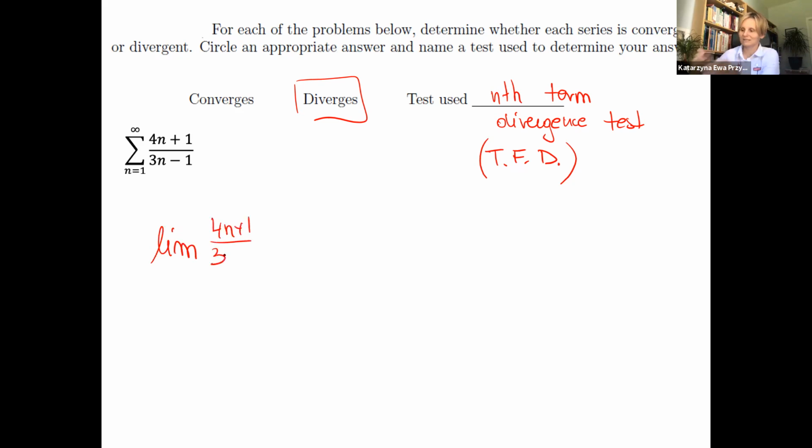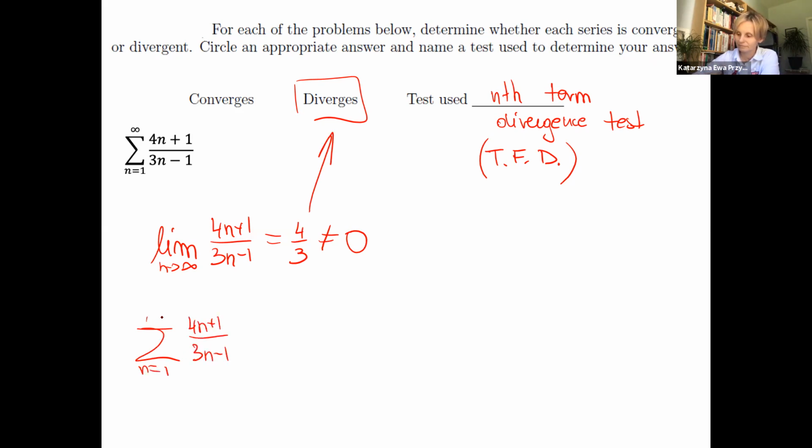The limit is not 0, right? If the limit is different than 0, then we have no chance for convergence, because we have to think with respect to the addition, to the sigma.